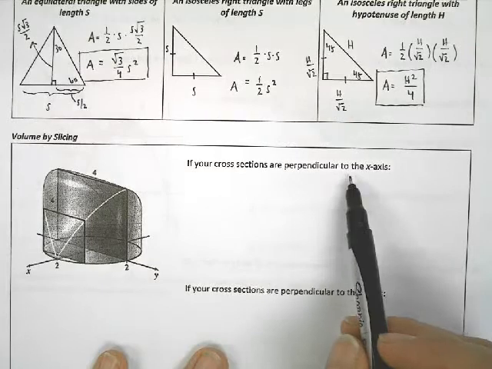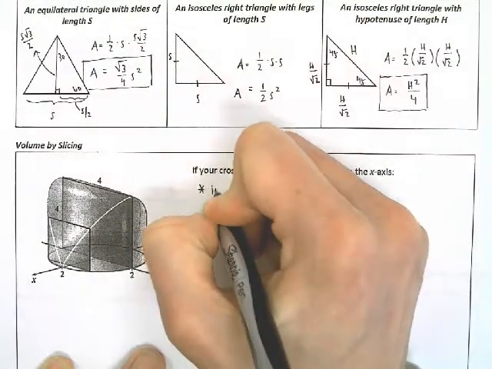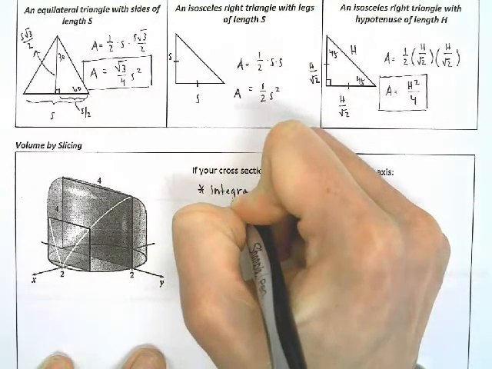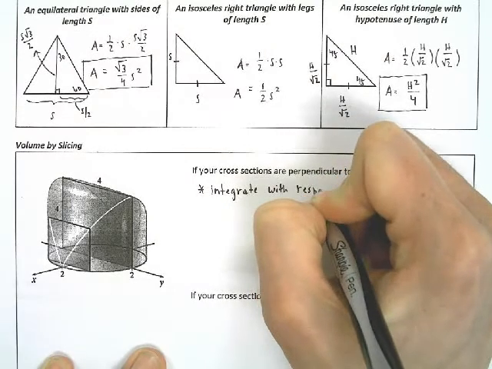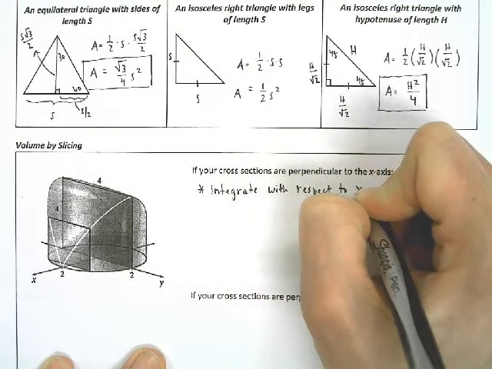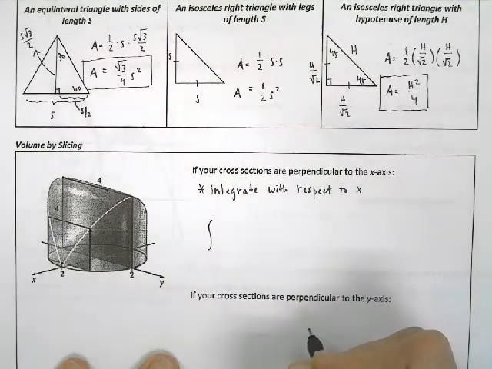If our cross-sections are perpendicular to the x-axis, this means we're going to integrate with respect to x. So we're going to take the integral.